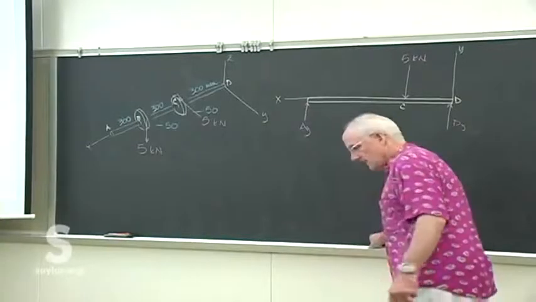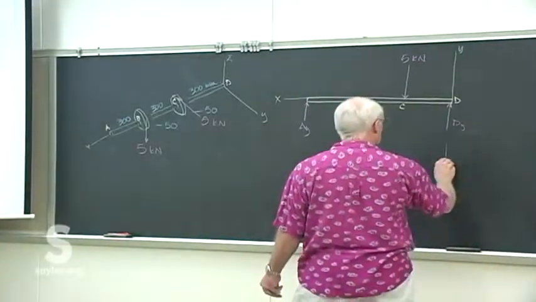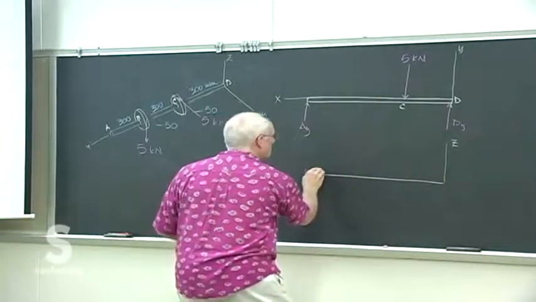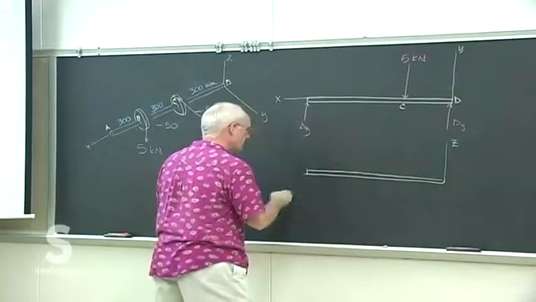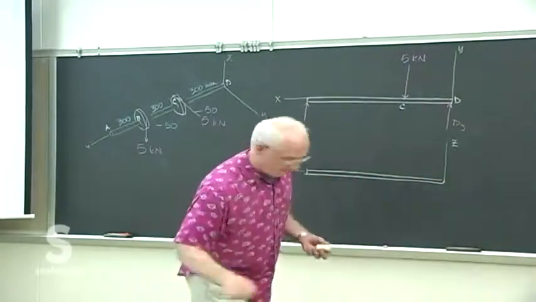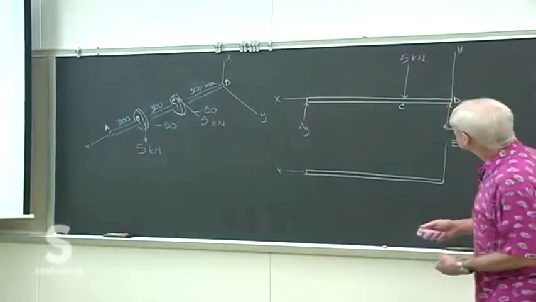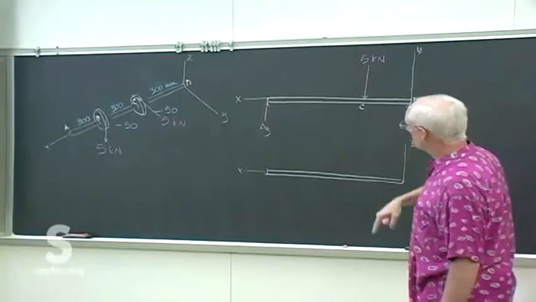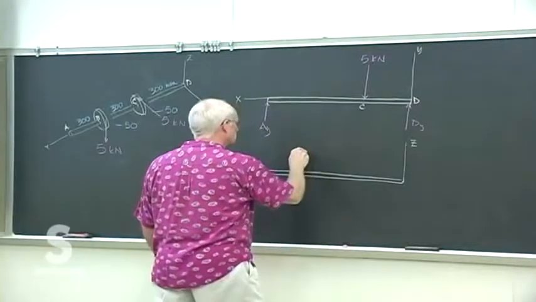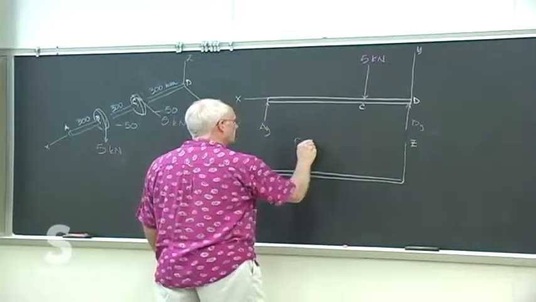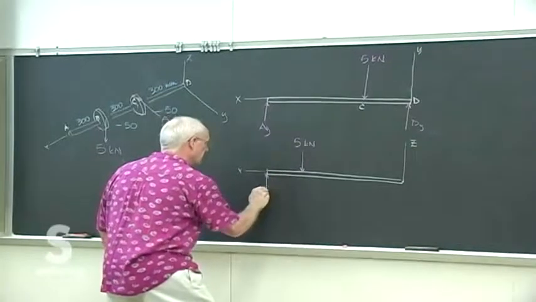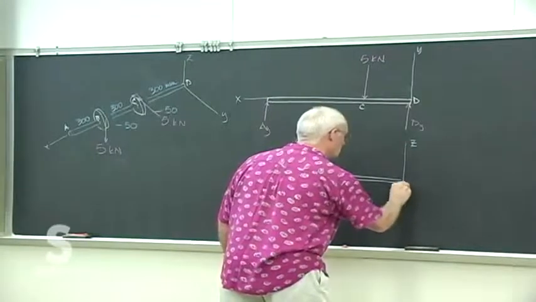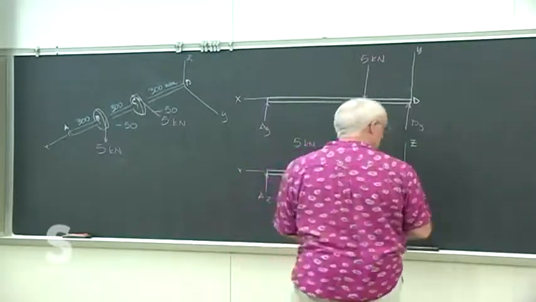And then again, in the z direction, in the xz plane, we see nothing at C. At B, we have a minus z force, again of 5 kilonewtons, and then that'll allow you to find az and dz.